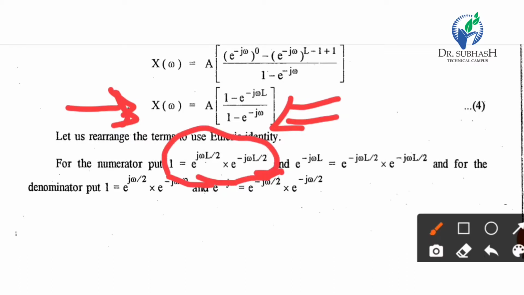In the other term, e raised to minus j omega L equals e raised to minus j omega L by 2 multiplied by e raised to minus j omega L by 2. So in the numerator, both 1 and e raised to minus j omega L are replaced by L by 2 terms.